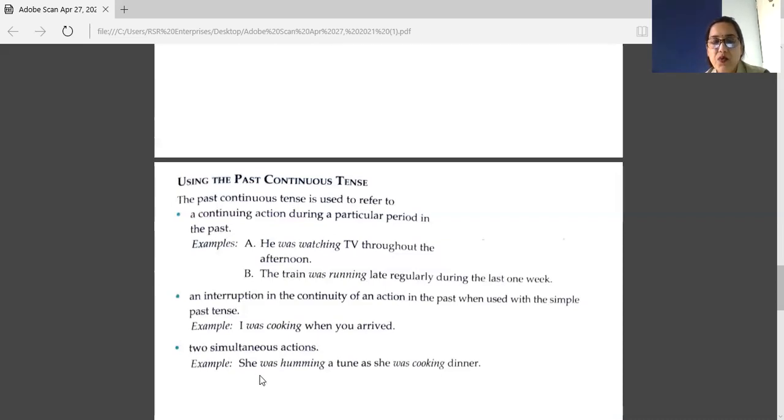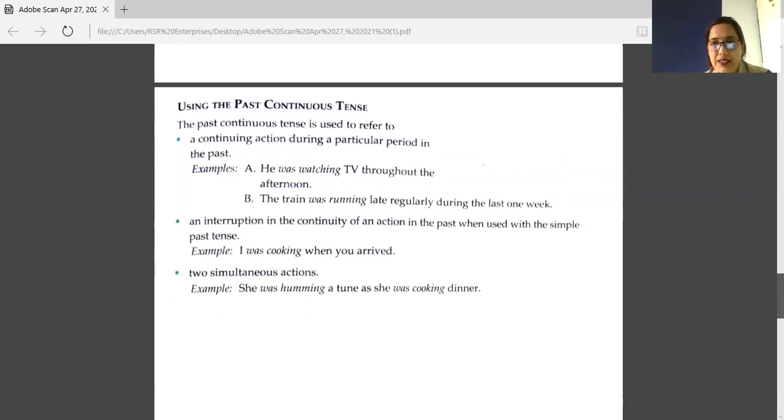She was humming a tune as she was cooking dinner. That means she was doing two works together. She was cooking and with that she was humming also. So in both verbs we have past continuous tense, was humming and was cooking. Understood? Now let's move on.